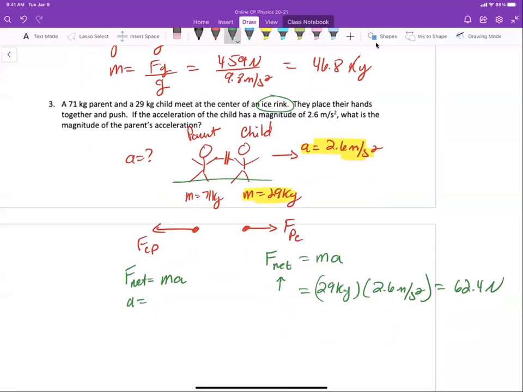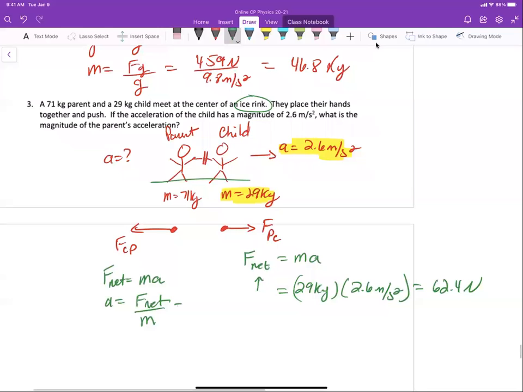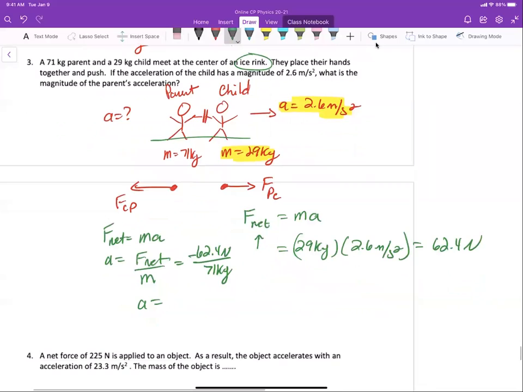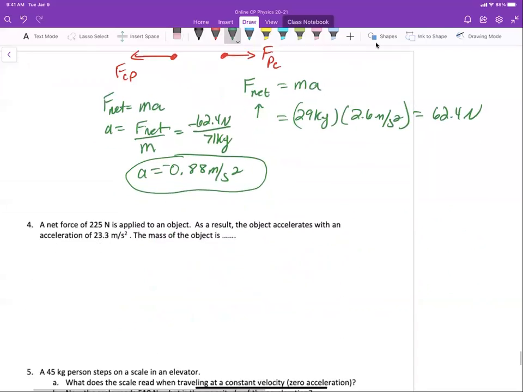So acceleration is equal to F net divided by mass. And that will be equal to a negative 62.4 newtons, because it's to the left, divided by the parent's mass. And acceleration will equal negative 0.88 meters per second squared.